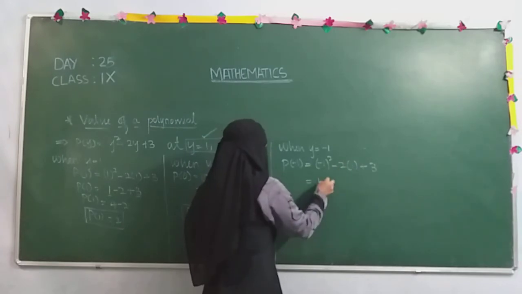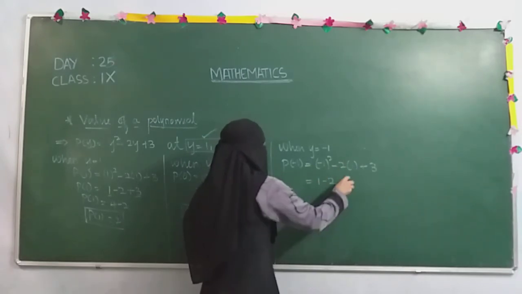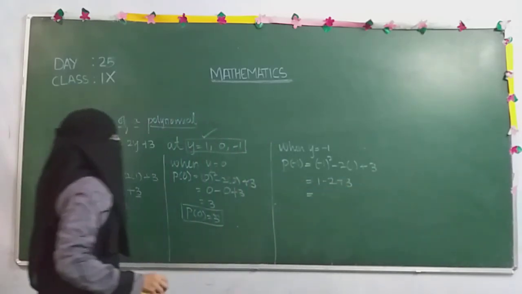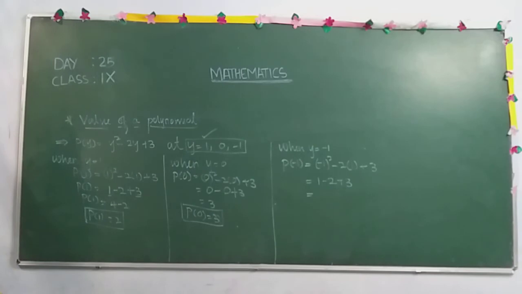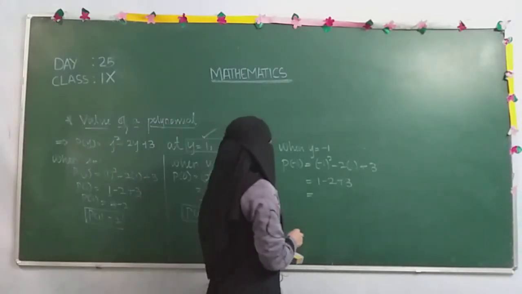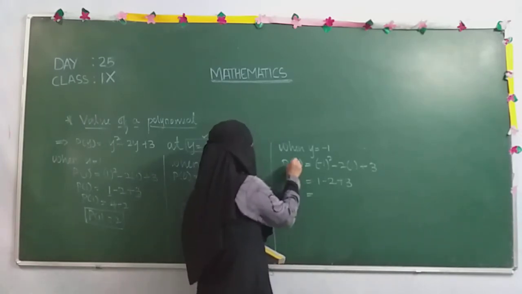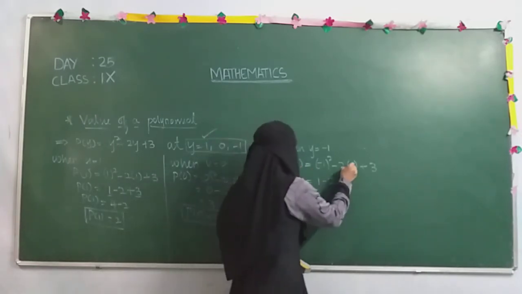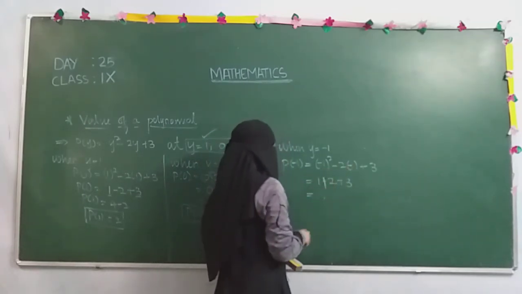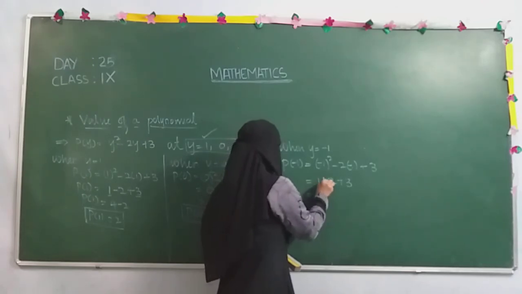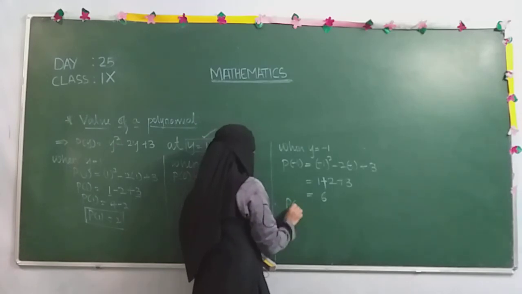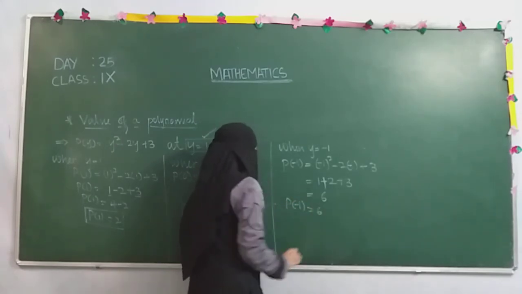Any doubts here? You might be making mistakes, so check. For minus 2 into minus 1, minus into minus gives plus, so we get plus 2. So 1 plus 2 plus 3 is nothing but 6. So P of minus 1 you got as 6.